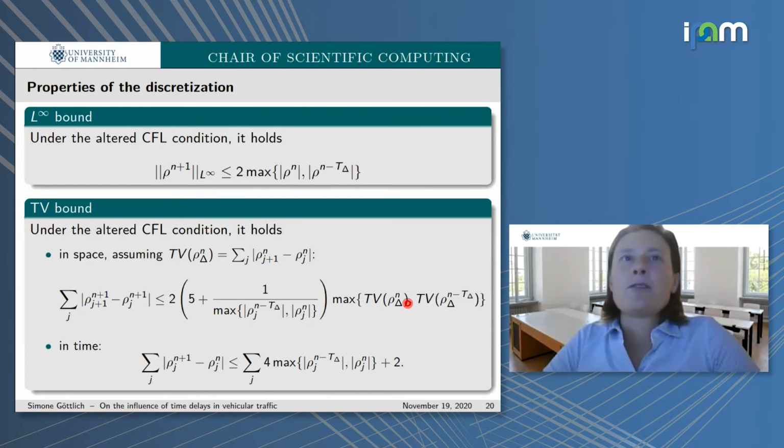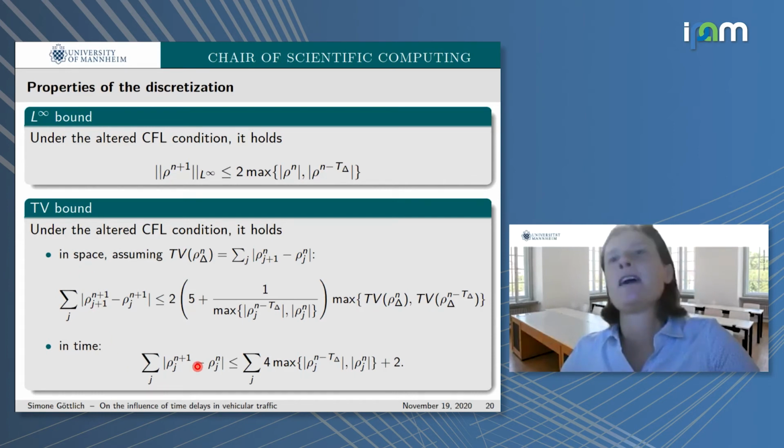So let's talk about two other bounds, the L infinity and the TV bound. For the L infinity bound, we try to find some upper bound, but due to the positivity we already have, we can compute this upper bound more or less directly. For the TV, we distinguish between the TV bound in space and in time.